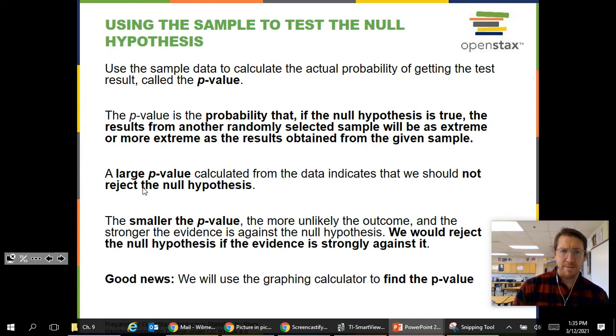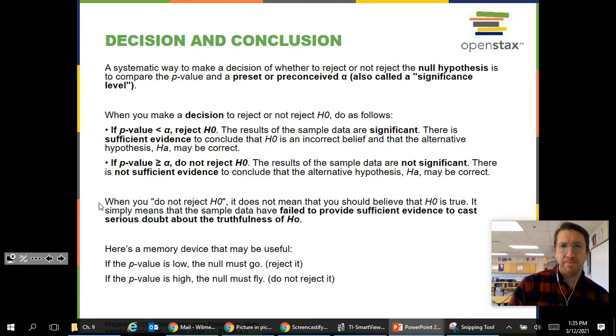And if we reject the null hypothesis, then we have enough evidence to accept the alternative hypothesis. So that's the p-value. The p-value just stands for probability. Okay. So we're going to kind of formalize our decision making.